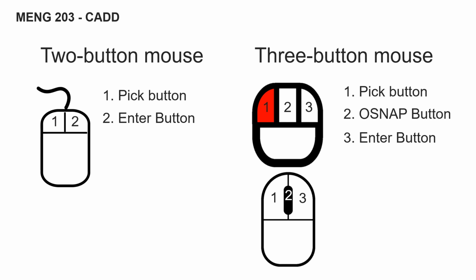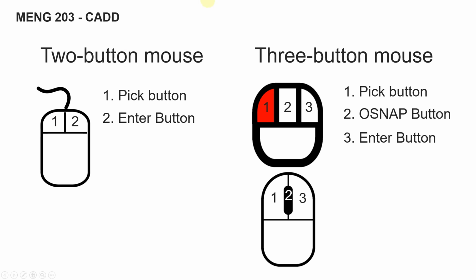If you are going to pick an object inside the AutoCAD application, you have to use the pick button. And then, if you are going to enter an object in a specific area in the AutoCAD application, you have to use the right click or enter button.